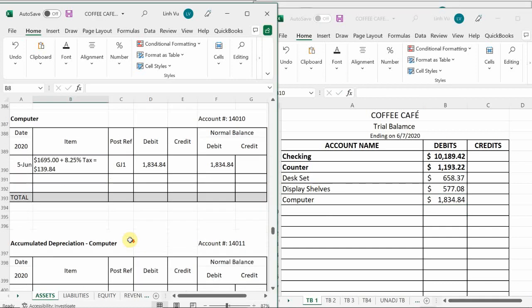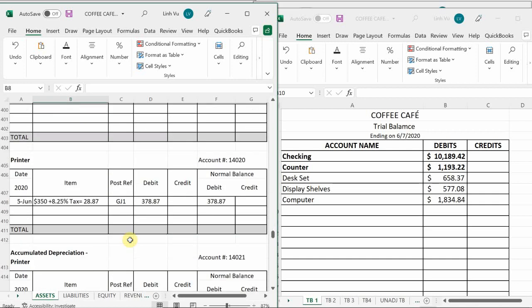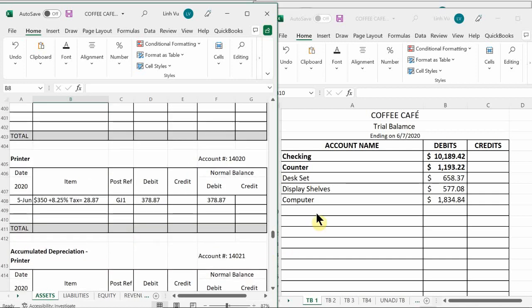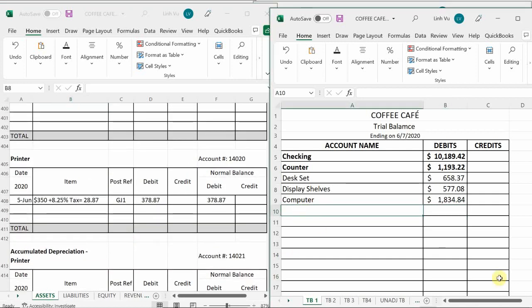Okay. Let's see what's next. I bought my printer. How much is my printer for? $378.87. Okay.